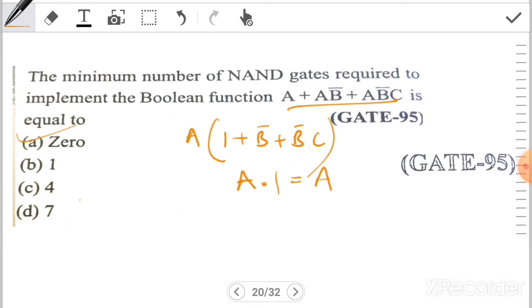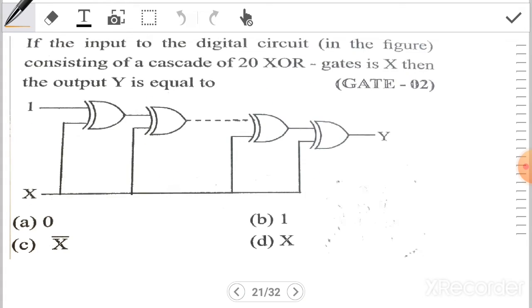Next, if the input to the digital circuit consisting of a cascade of 20 XOR gates is x, then the output y is equal to. So there are 20 XOR. One input to each XOR gate is x. So let us recall the truth table for XOR gate.